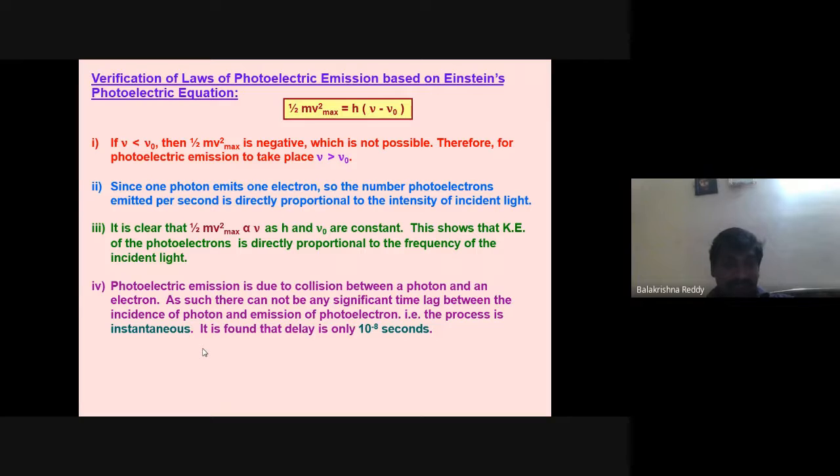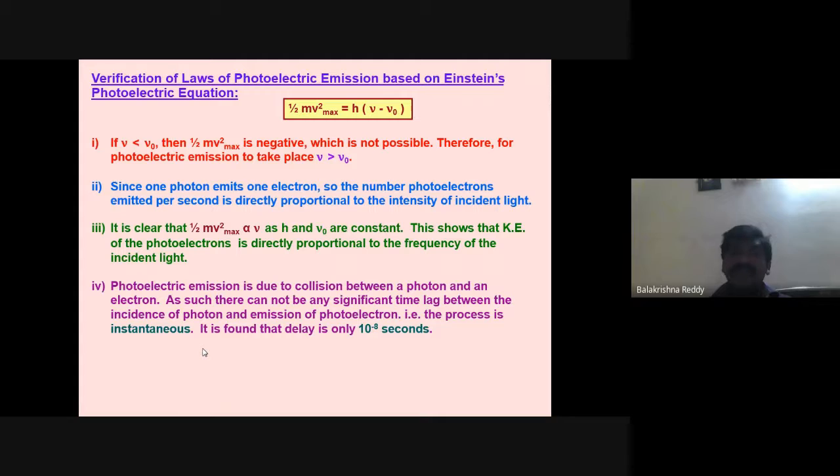There cannot be any significant time lag between the incidence of the photon and the emission of the photoelectron. It is found that the delay is only about 10⁻⁸ seconds, approximately nanoseconds.